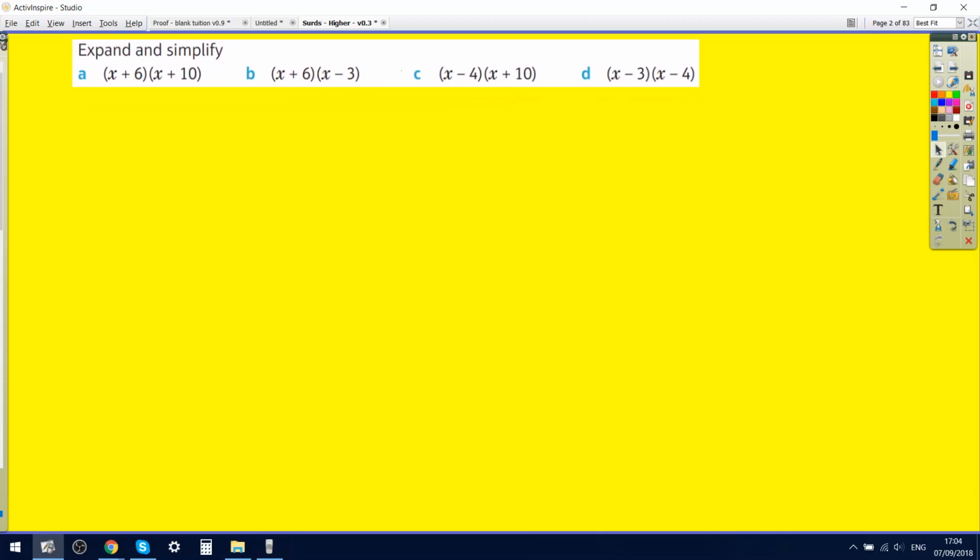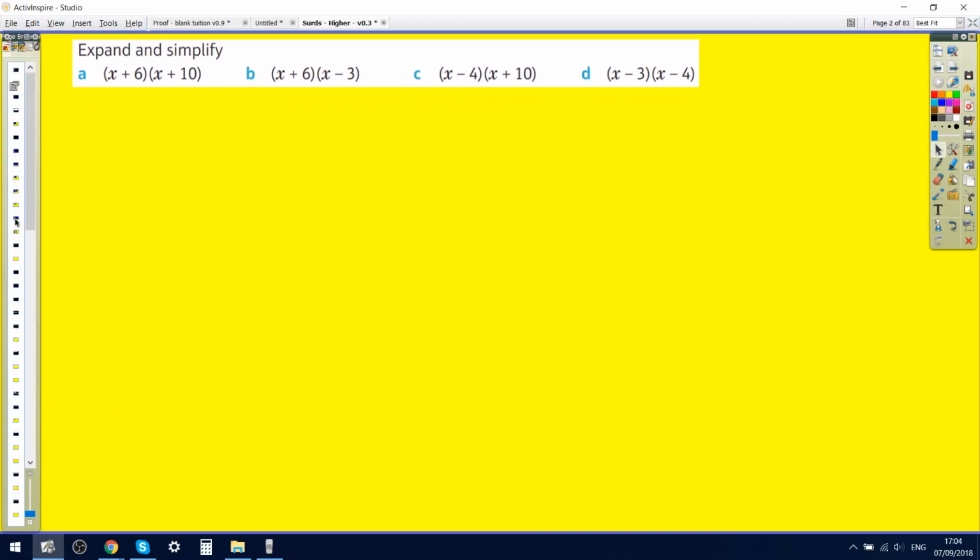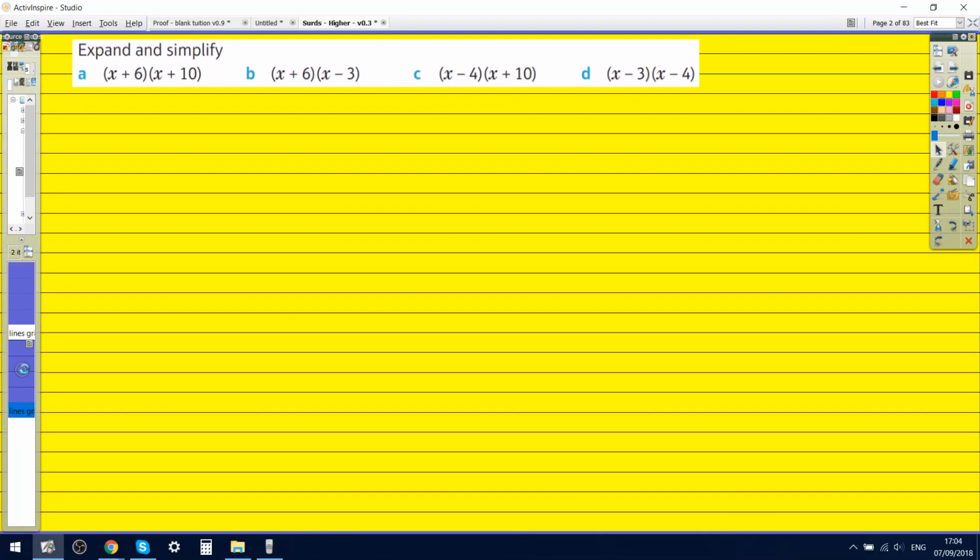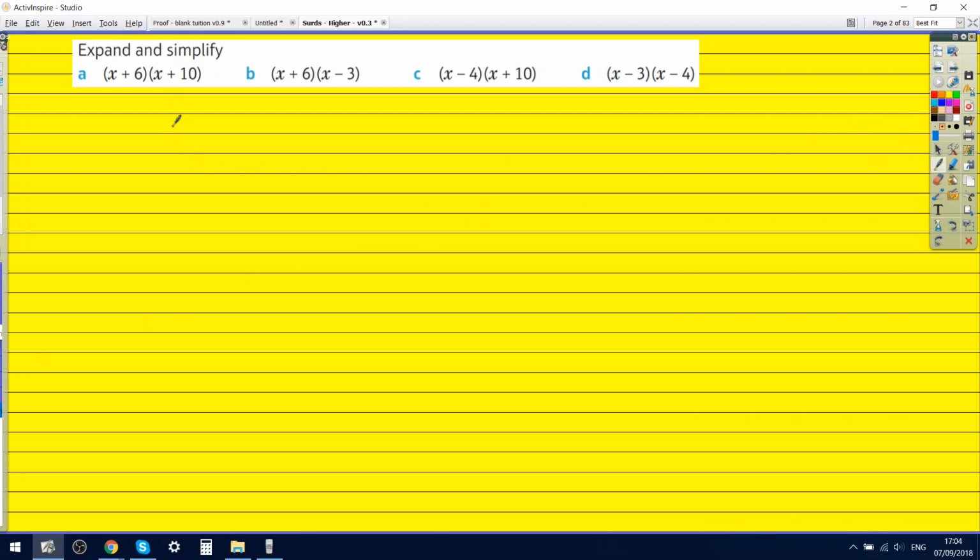So how about part B? What would be the first step for that? You need to write it out again. So x plus 6, second bracket x minus 3, plus 6, and then x plus 6.